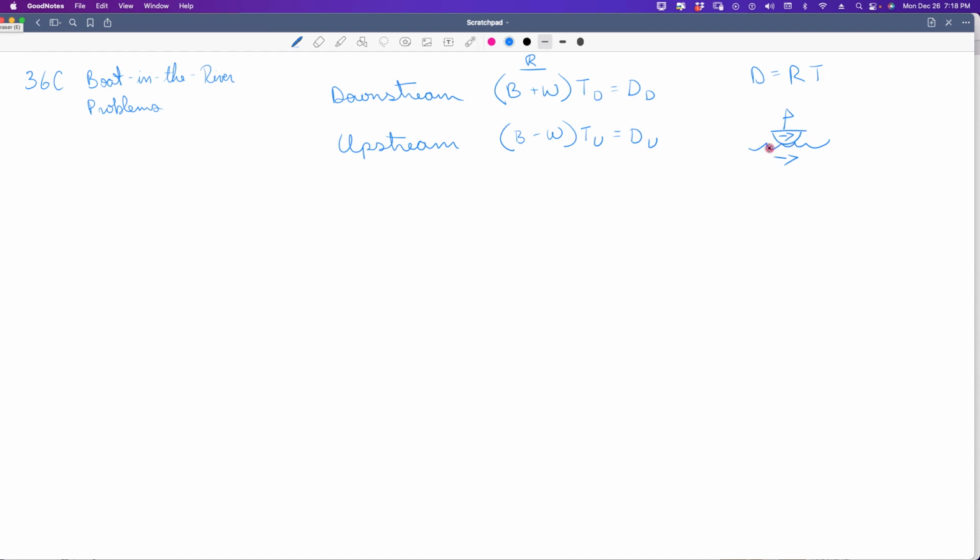So it makes sense that if you're going downstream, which is the direction that the current flows, we're going with the current, then the two speeds are added together, and that becomes the rate part of our rate times time equals distance.